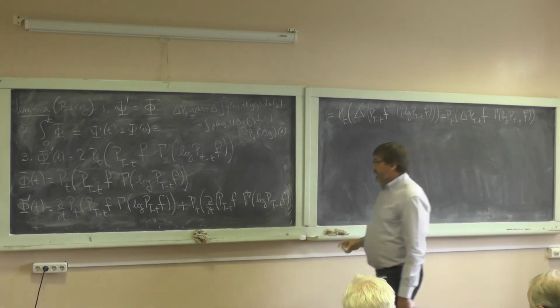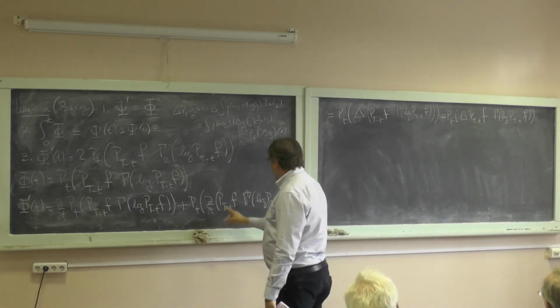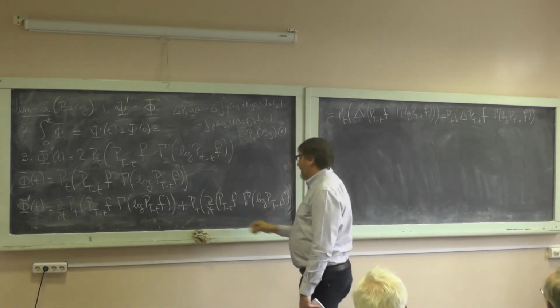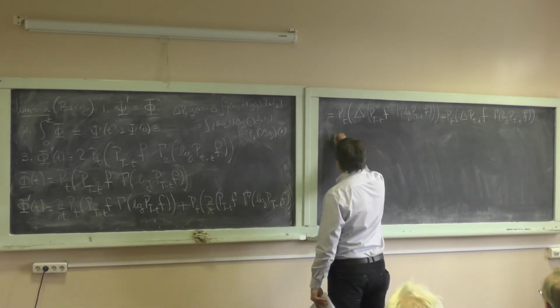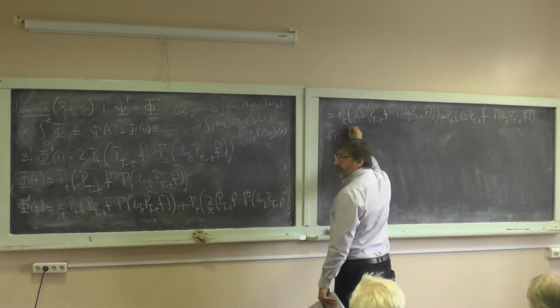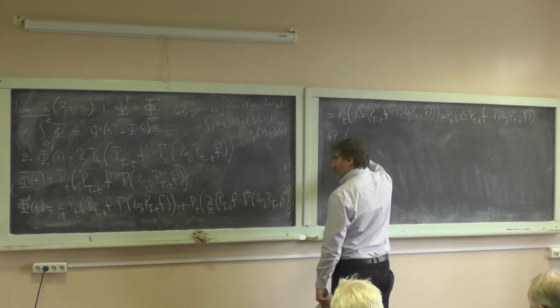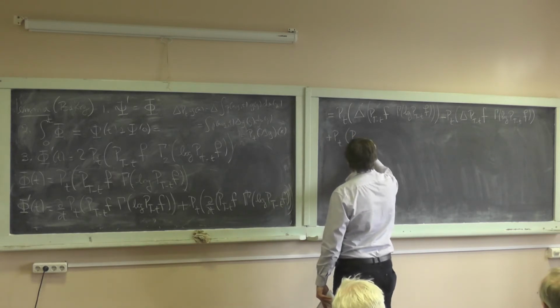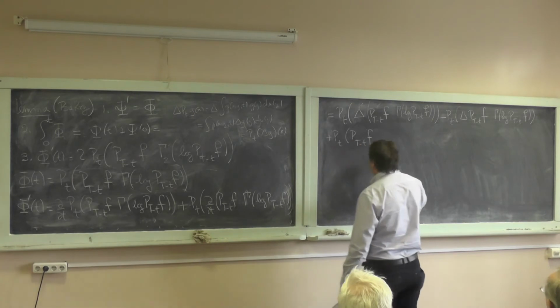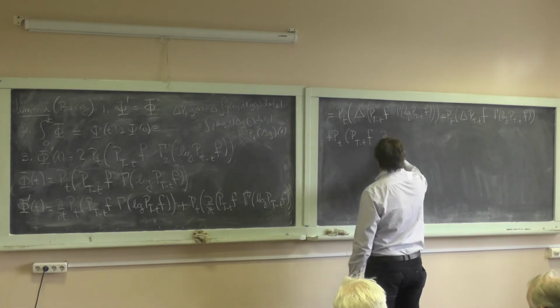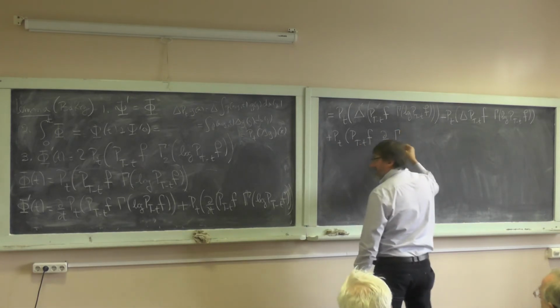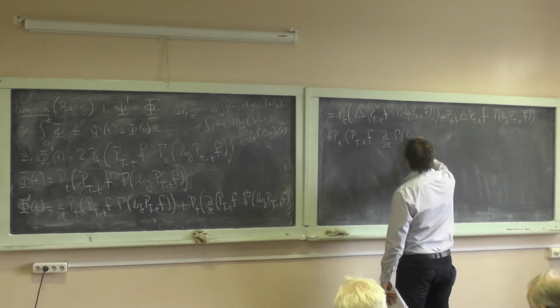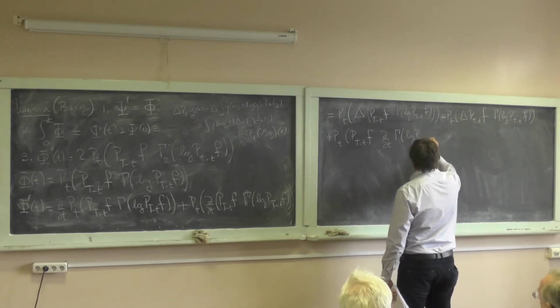And then the other time I put the derivative over here. So I have plus p_t of p_{t-f} times d/dt of gamma of the log of p_{t-f}.